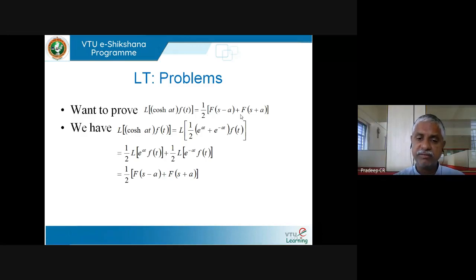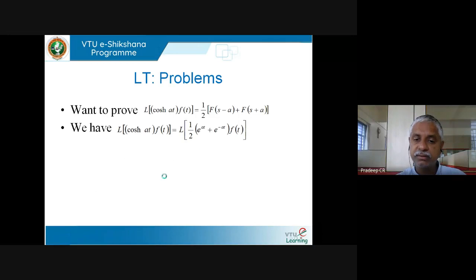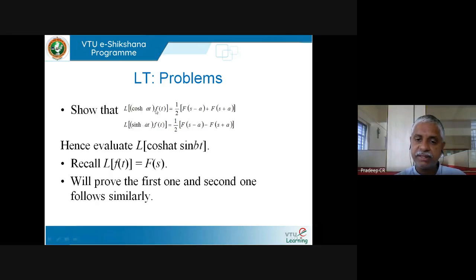Now, similarly for sinh at. Sinh at also is the same thing. What would have happened? I would have used the definition of sinh at, which means it's the same thing except that this would have been a minus. If this is minus, then this is also minus. So that is precisely what that formula was. You see, it's the same for cosh at or sinh at. The right hand side is the same except that this plus becomes minus.